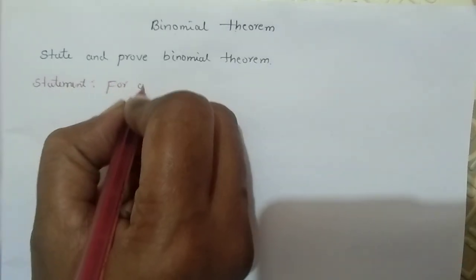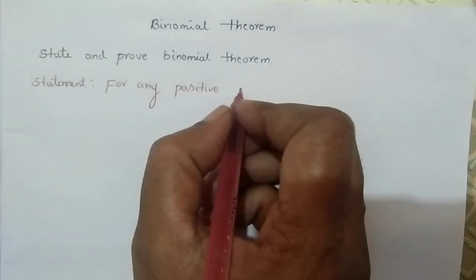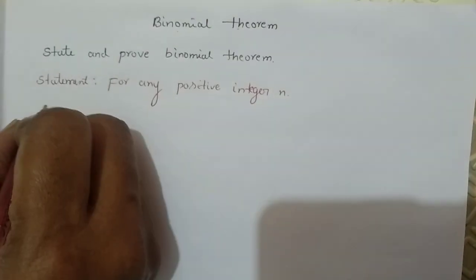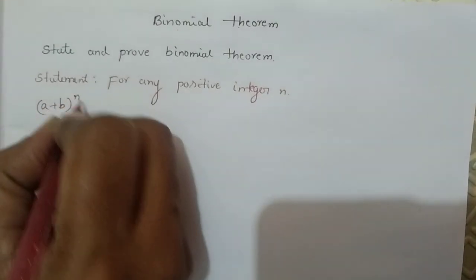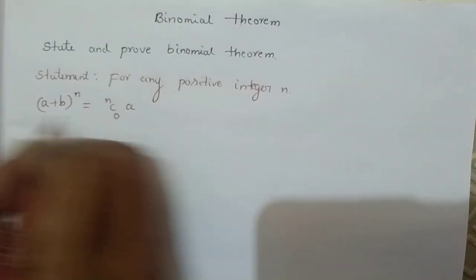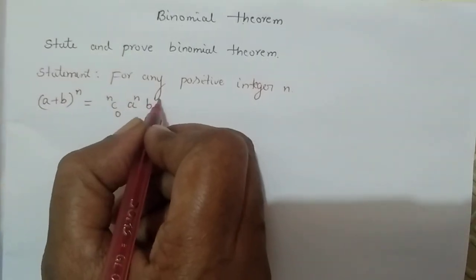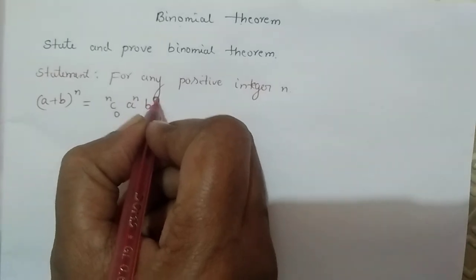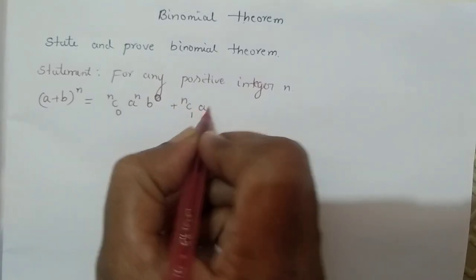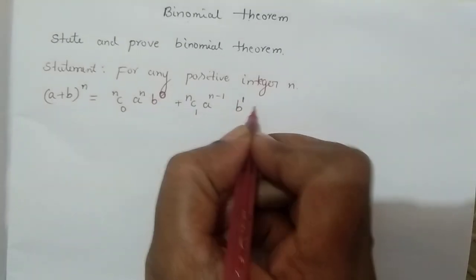For any positive integer n, (a plus b) to the power of n equals nC0, first variable a to the power of n, second variable b to the power 0, or you can write n minus n, plus nC1, a to the power n minus 1, b power 1, where the a power decreases and the b power increases.